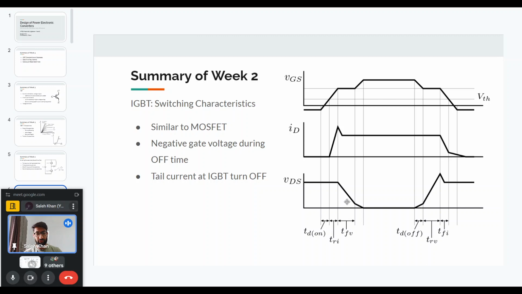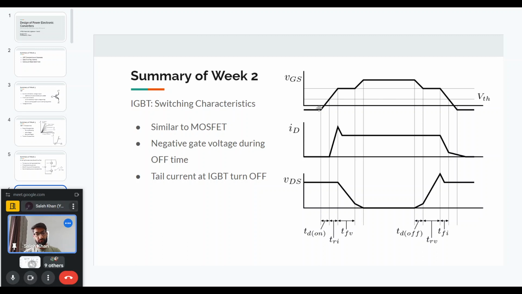But the difference from the MOSFET is that usually for an IGBT we give a negative voltage during the off time, so that we are sure that there will be no false turn-ons. So any noise that comes to the gate voltage should not be able to turn on the device. That is why we give it a negative voltage.